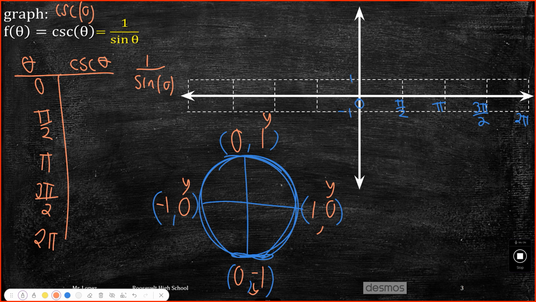Sine of 0 is 0, yes or no? So I go back over here and say 1 over sine of 0, which is 1 over 0. And what's 1 over 0? Get a calculator. What's 1 divided by 0?